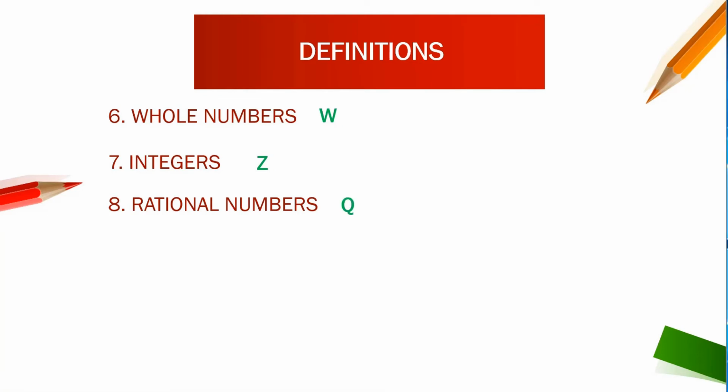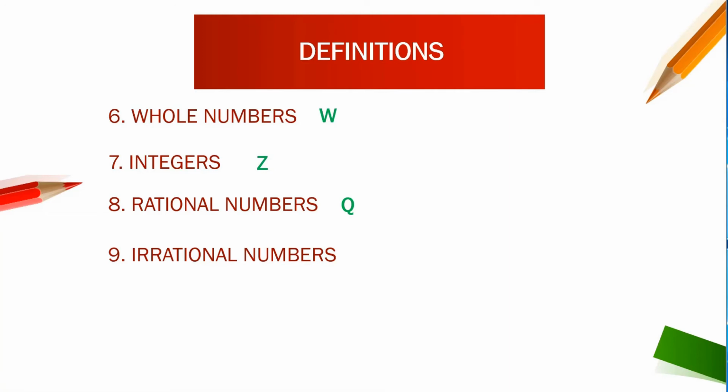Our ninth definition is irrational numbers. Irrational numbers are numbers which cannot be expressed as common fractions or as recurring decimals. So for example, the square root of 2 is an irrational number. If you take your calculator and punch in the square root of 2, you'll see a long series of numbers that are not recurring decimals. Another example of a popular irrational number is pi, which is 22 over 7, 3.14.